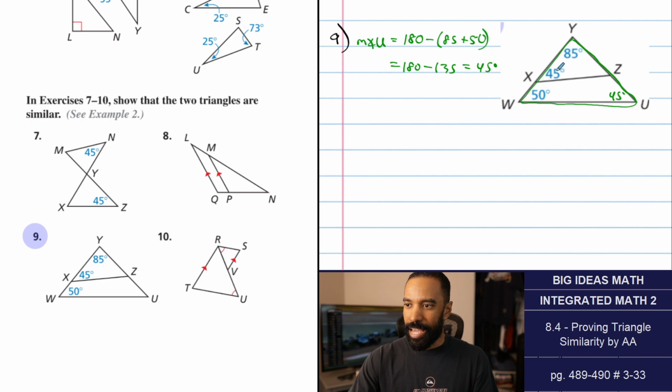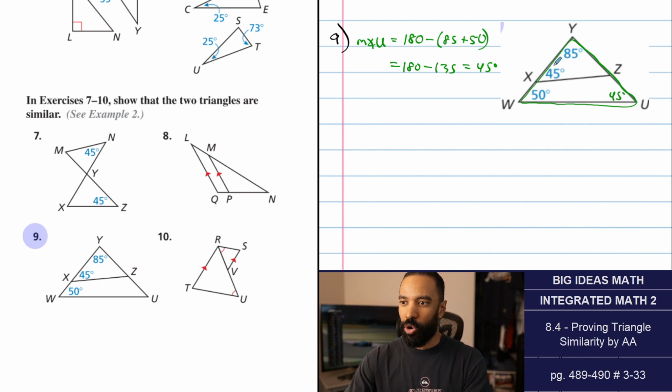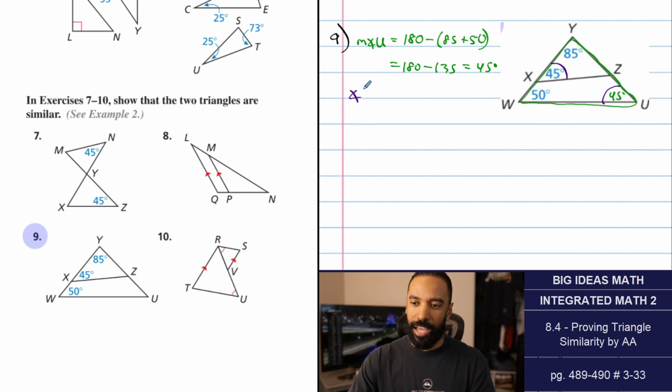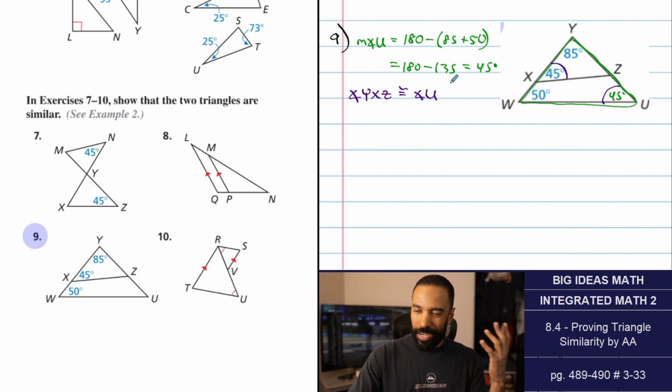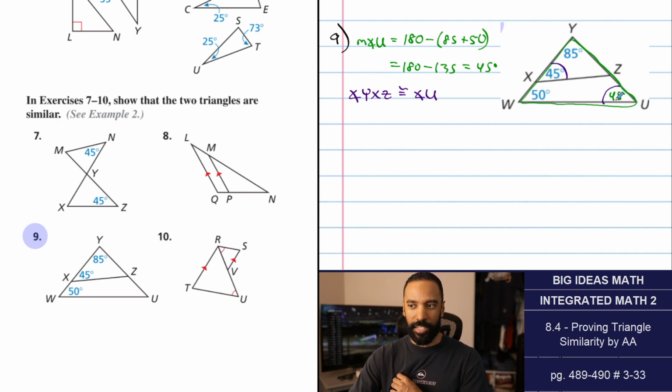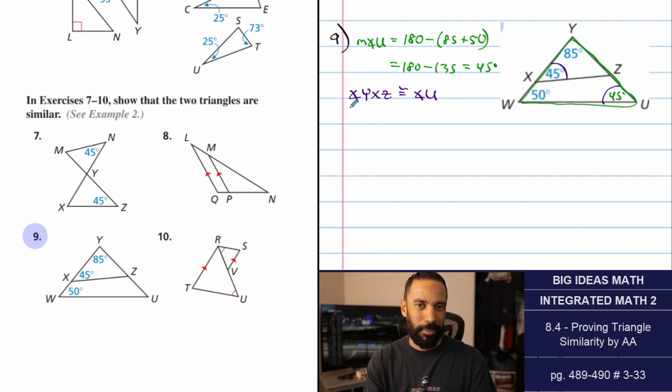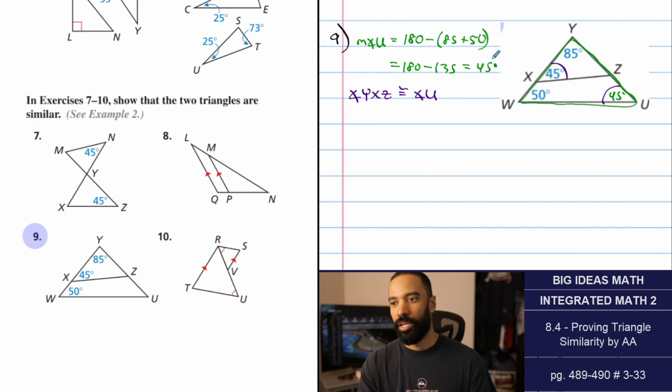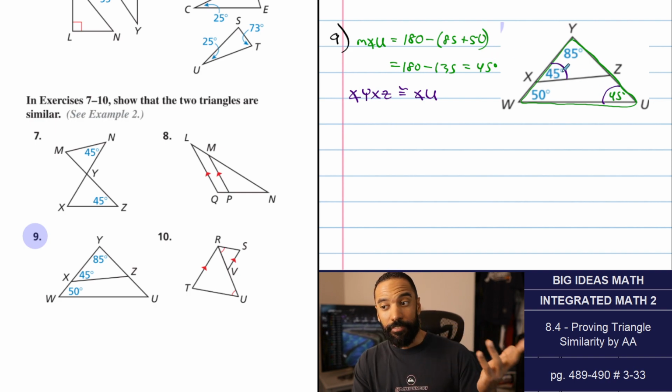Now we can see that angle, I can't just call it angle X, but angle YXZ is congruent to angle U. Not necessarily given, right? We had to kind of figure this out with the third angle, so I'm not really providing a reason, but you can tell that, well, definition of congruence.